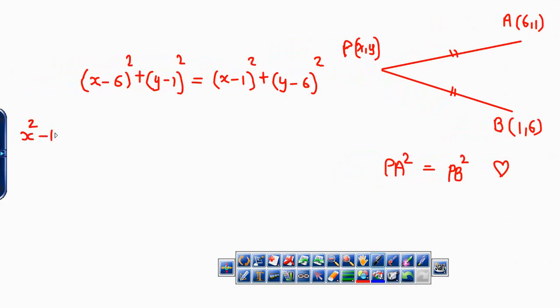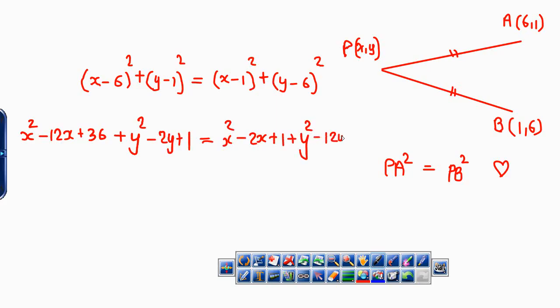Expand: x square - 12x plus 36 plus y square - 2y plus 1 equals x square - 2x plus 1 plus y square - 12y plus 36.